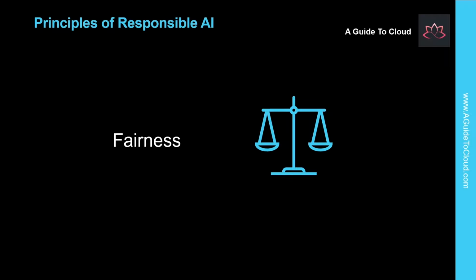Azure Machine Learning includes the capability to interpret models and quantify the extent to which each feature of the data influenced the model prediction. This capability helps data scientists and developers identify and mitigate bias in the model.